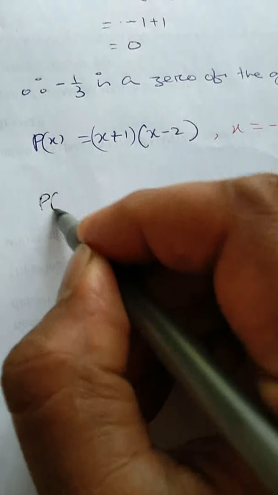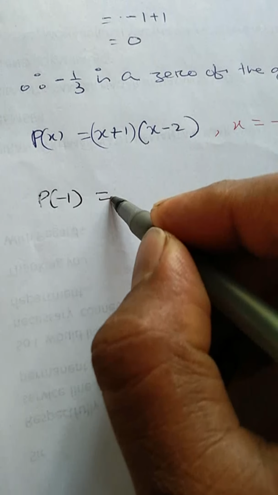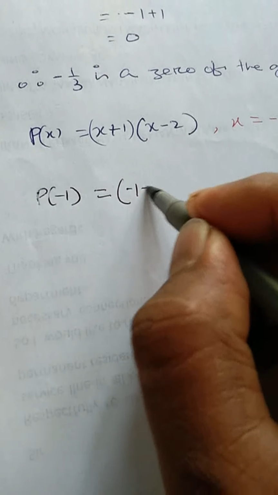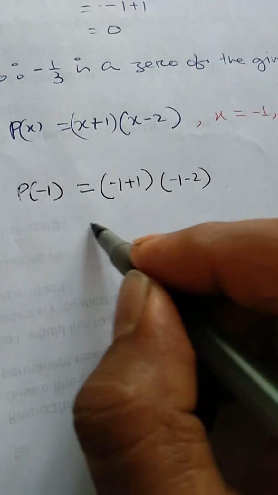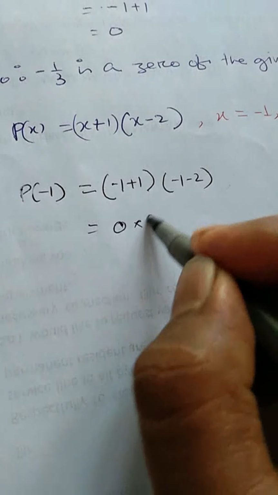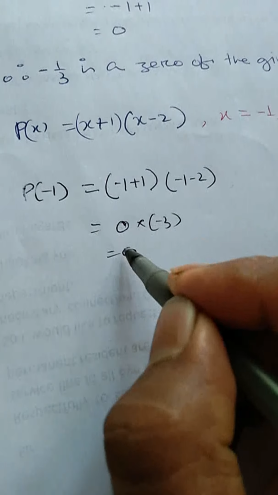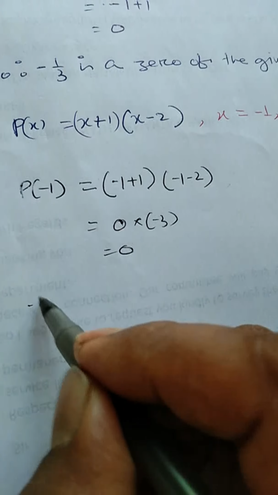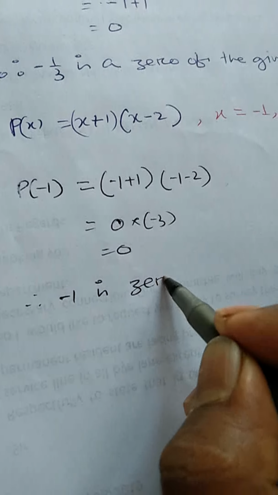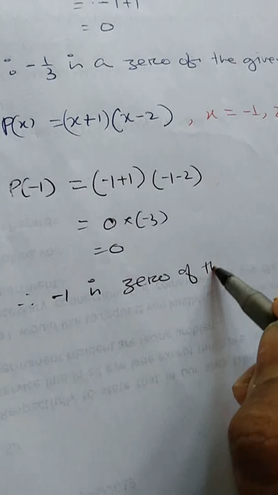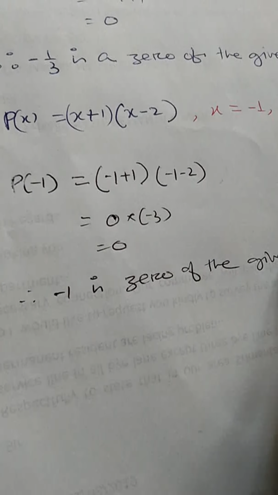So let us take minus 1 first. p(-1) = (-1 + 1)(-1 - 2). So this will be 0, 0 into minus 3 equals 0. So therefore minus 1 is a zero of the given polynomial.